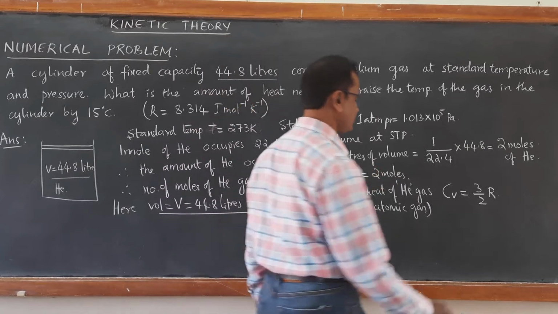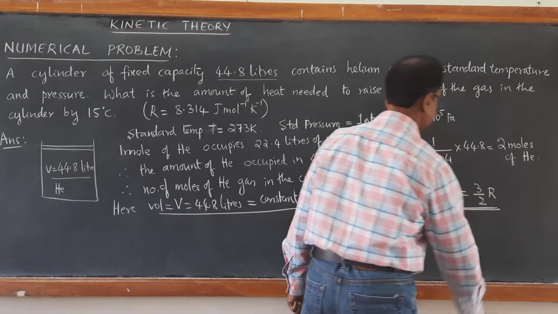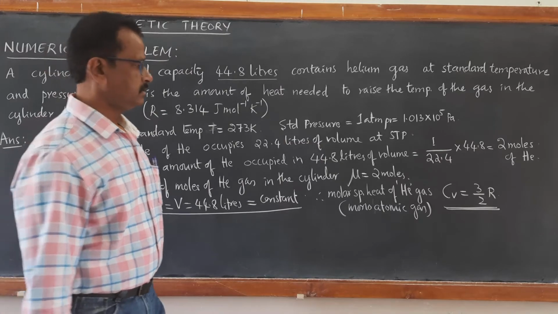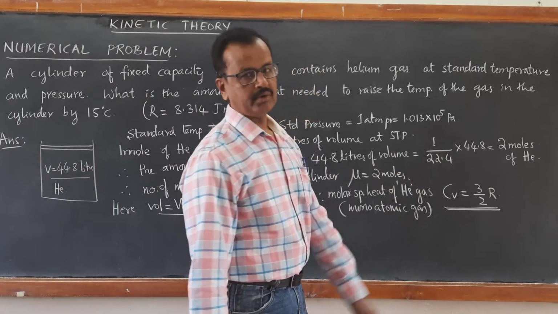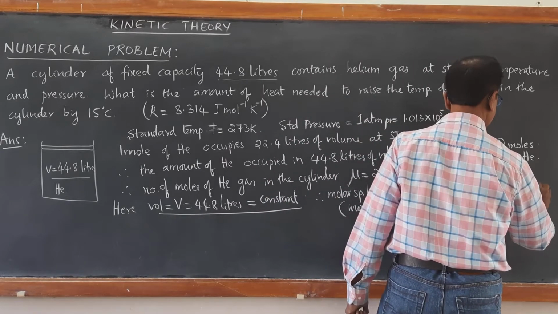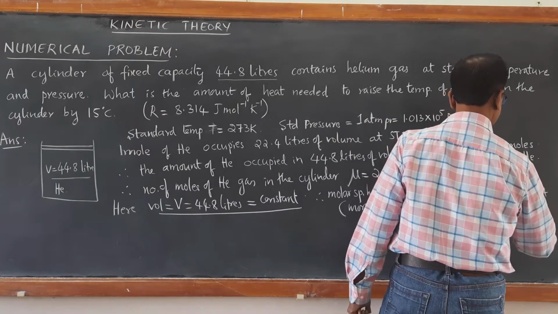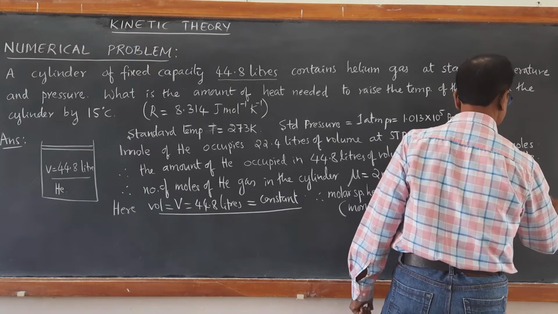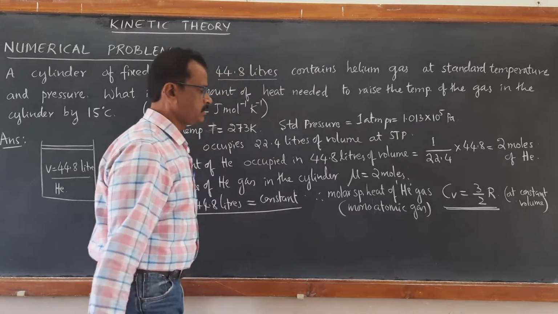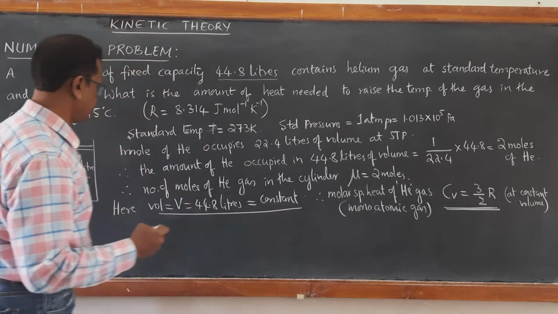So we can make use of this equation. And molar specific heat at constant pressure is 5 by 2 R. This is at constant volume, so molar specific heat at constant volume is 3 by 2 R. Now we can very easily calculate.